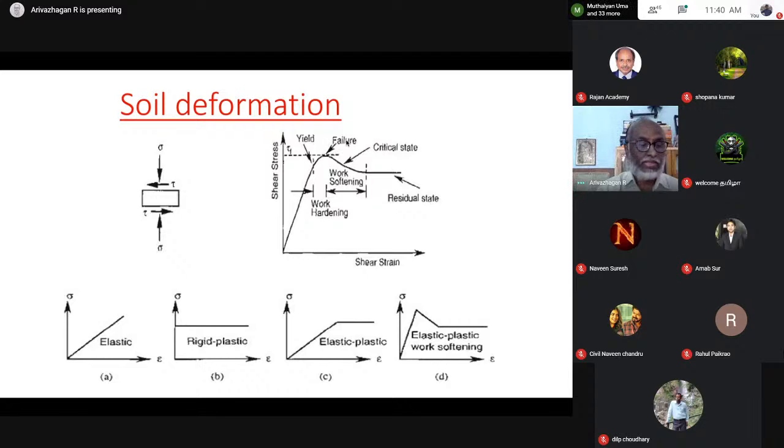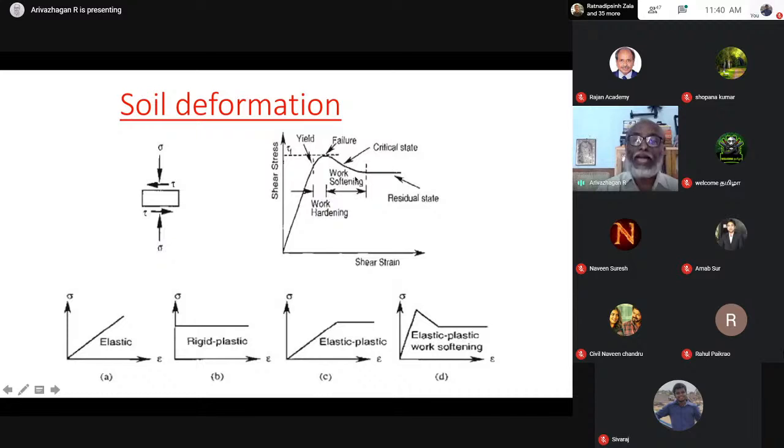Further shear deformation causes the shear stress to decrease, called work softening, to an ultimate value. This is an ultimate value representing the critical state, in which the material shears while maintaining constant volume. That is very important. So here the volume should be maintained constant.